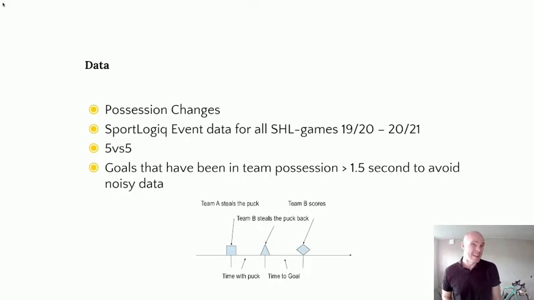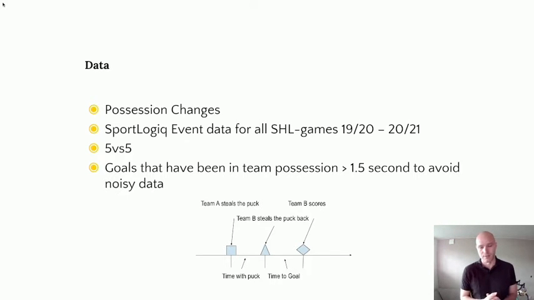A game in Sweden has an average of about 244 possession changes. We have quite a lot of nice data from Sportlogic for 3 complete seasons. It's only 5-on-5, and I have filtered out data where the possession change is less than 1.5 seconds, because there seems to be a lot of noisy data when you come down to that small span.